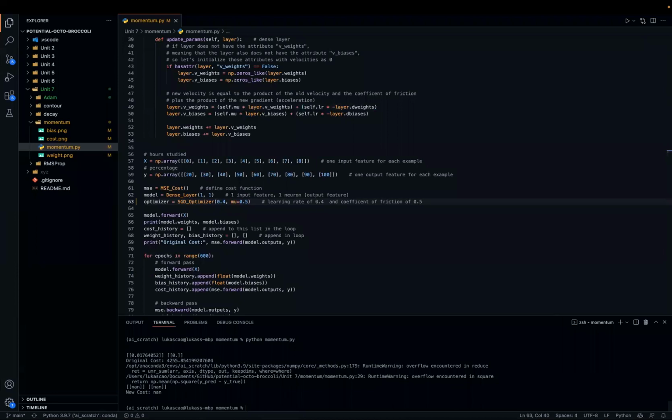Increase or decrease learning rate. To what? Okay. So this time you're using 10% of your derivative for your acceleration.